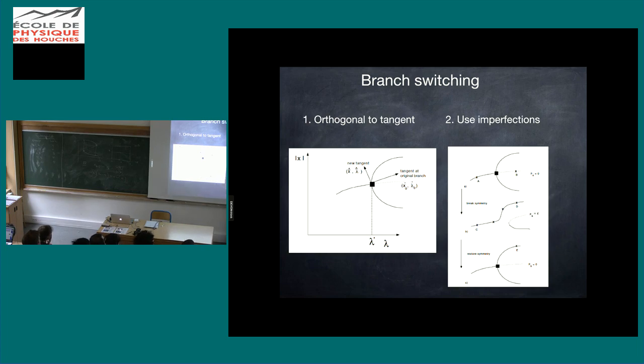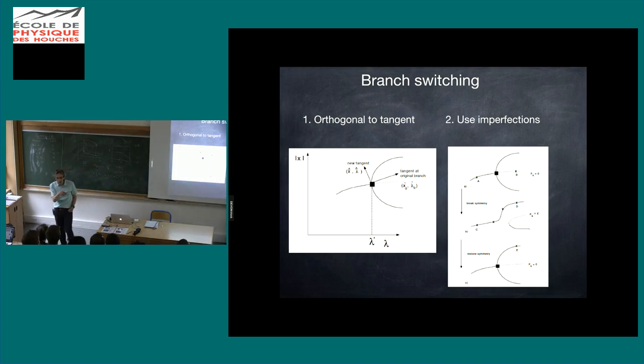So then you're a little asymmetric, and then this pitchfork breaks up. That's what we call an imperfect pitchfork. Then you do the continuation along here, and then you see that actually some norm is going up in the solution. And then from here you switch back to symmetry, so you remove the asymmetry in the system. Then you move back, and then you detect the pitchfork as a saddle-node bifurcation. So this is in practice how you do it for high-dimensional systems.